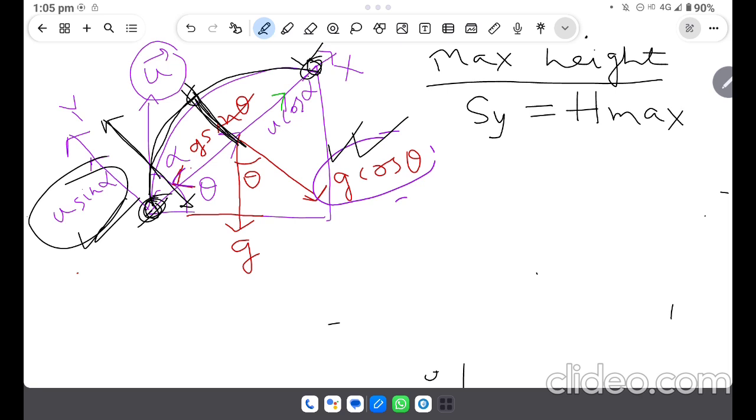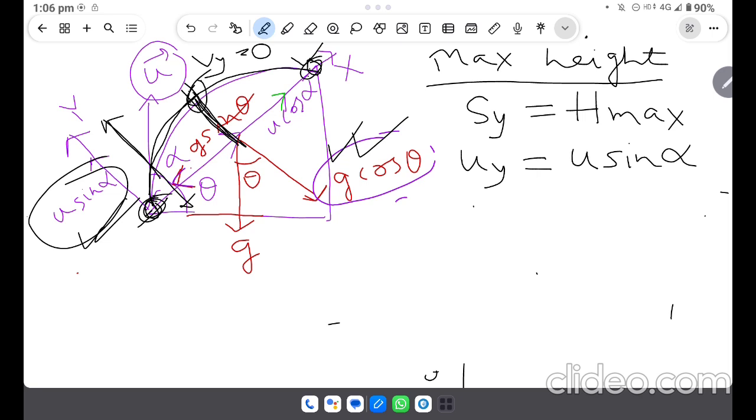The initial y component of u is u sin alpha, but the velocity at this point is 0, right?